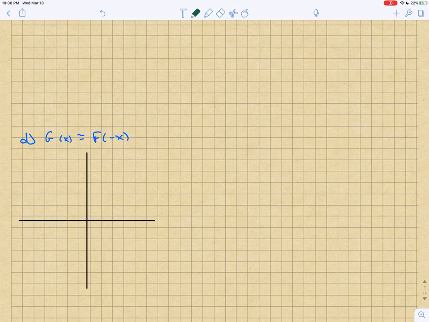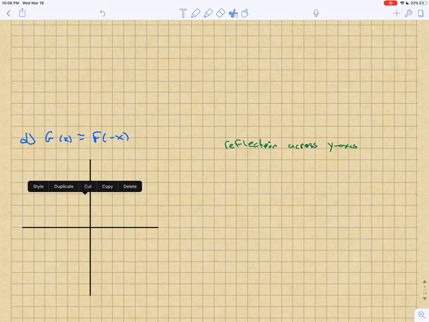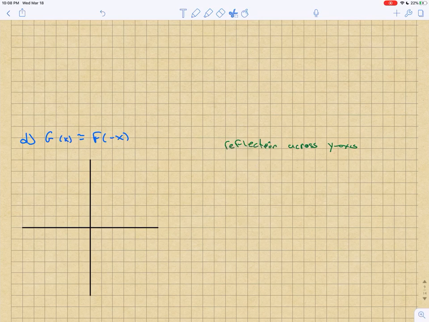And here's the last one. All it is is a reflection across the y-axis, sorry. What does that mean?